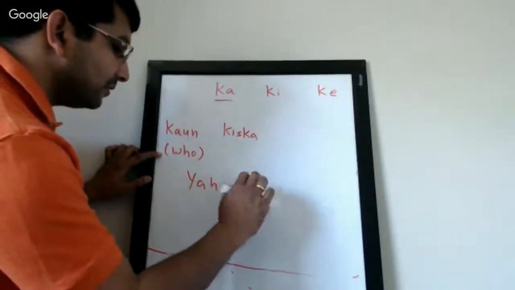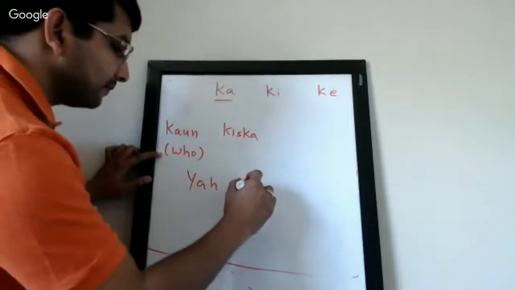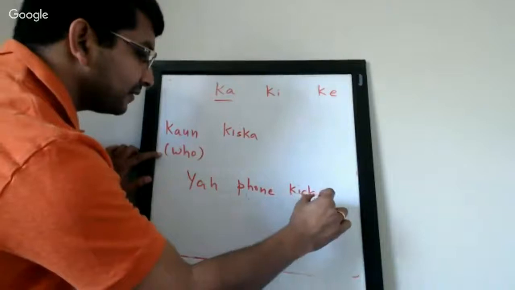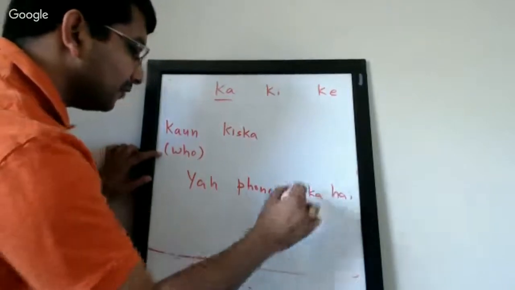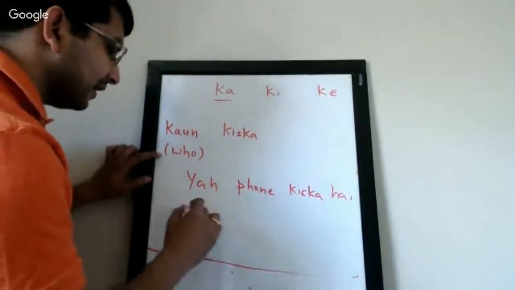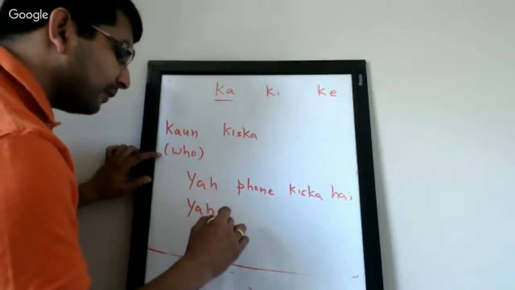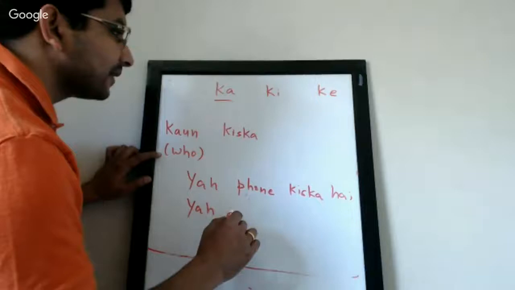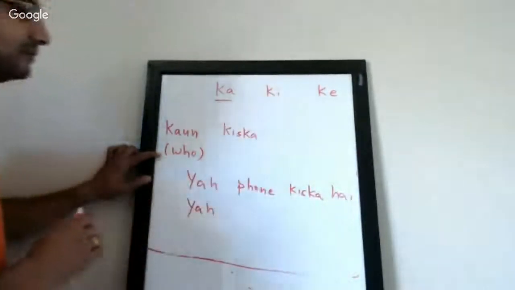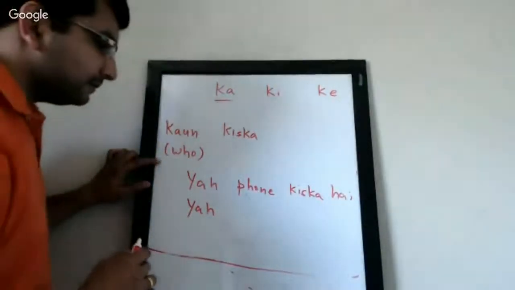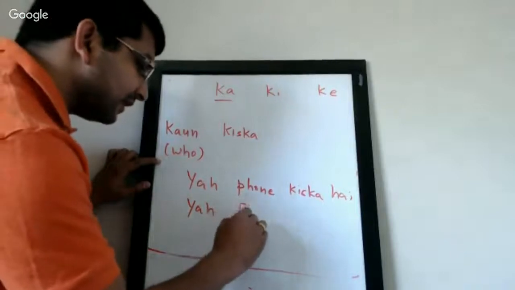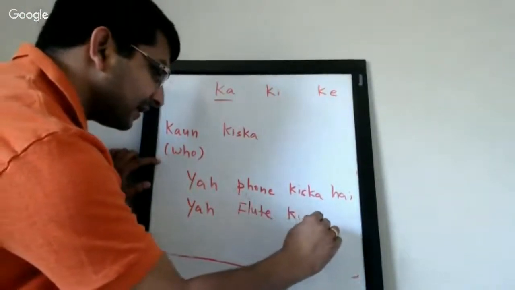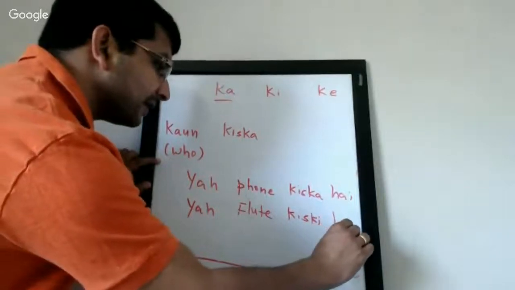यह फोन किसका है, phone belongs to someone, right? यह फोन किसका है, यह लैपटॉप किसका है, and यह, let me think of a feminine object, यह flute, let's say, किसकी है, right?